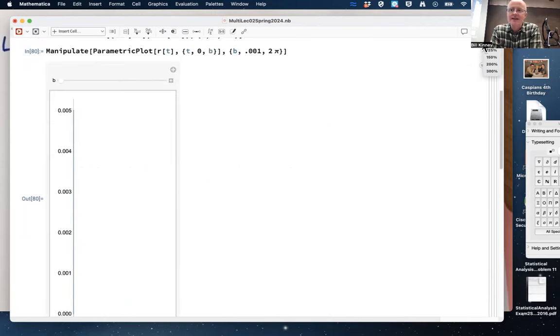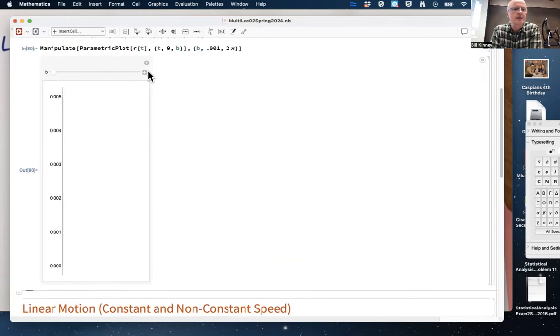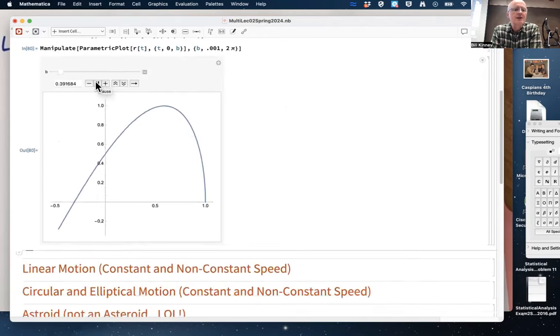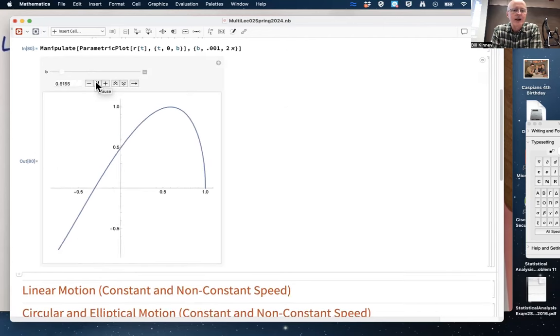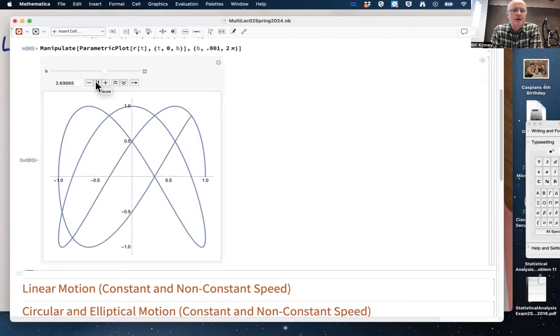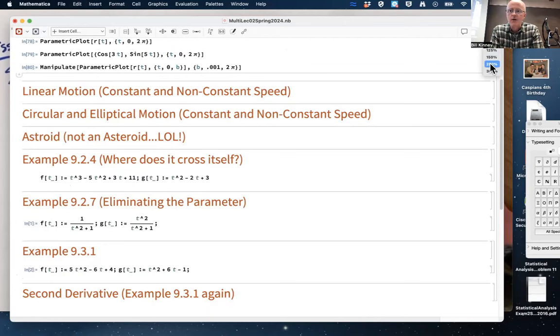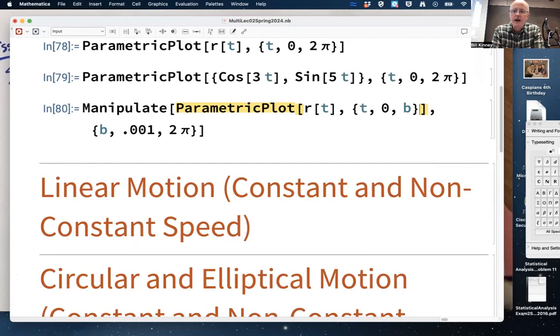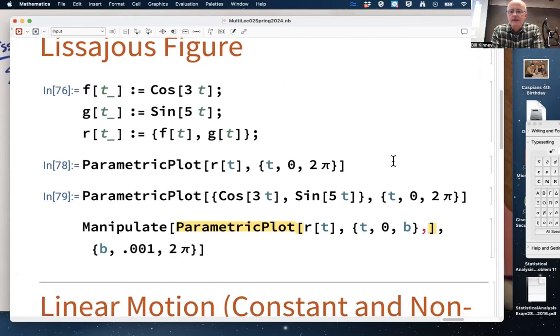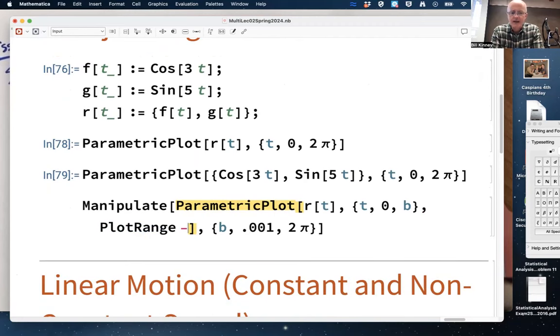One thing that's not ideal is it makes the plotting window kind of funny to begin with. It's choosing the plotting window, and it makes it bigger in the end. But I would like to keep that plotting window fixed. That can be done by adjusting the code inside the ParametricPlot. So before its final square bracket, put a comma, and then PlotRange with a capital P and a capital R, arrow.